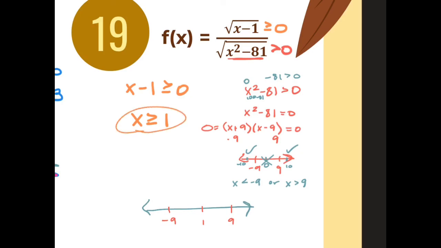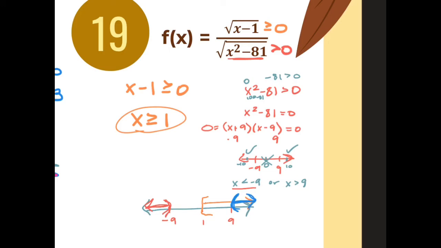The greater than or equal to 1 is a bracket pointing to the right. The less than negative 9 is a parentheses pointing left. And the parentheses on the 9 pointing right.